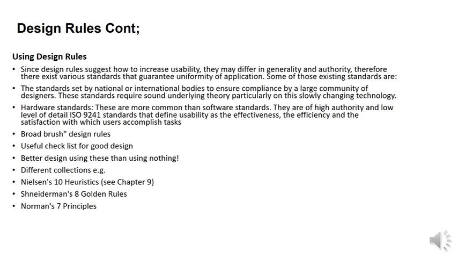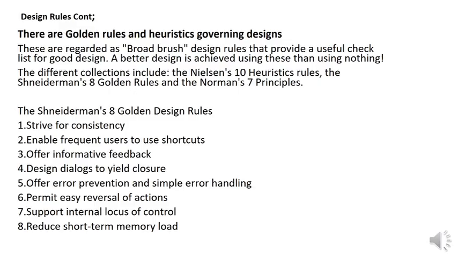Broad brush design rules: a useful checklist for good design. A better design is achieved using these than using nothing. There are different collections, for example Nielsen's 10 heuristics, Shneiderman's 8 golden rules, and Norman's 7 principles. So there are golden rules and heuristics governing design.